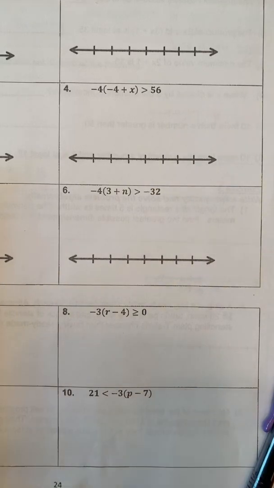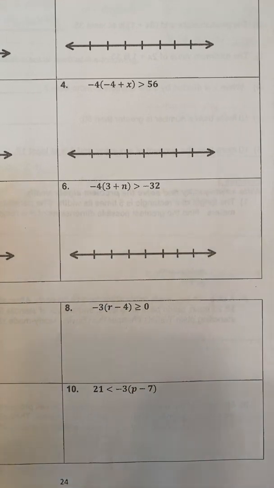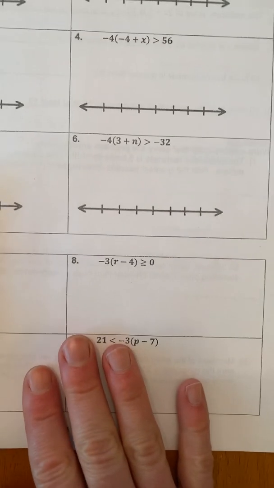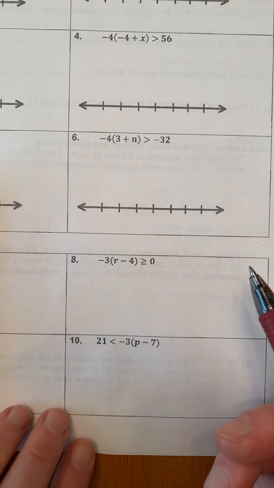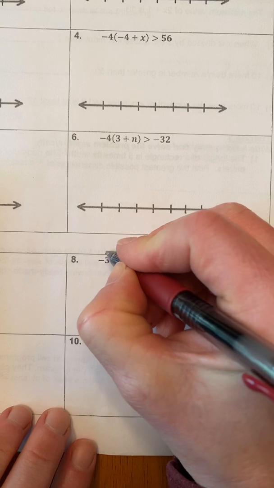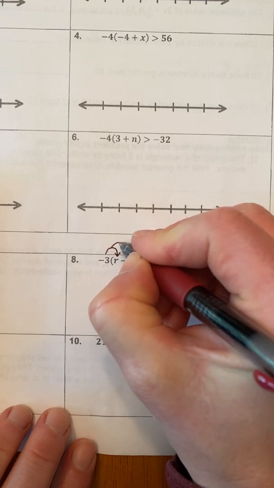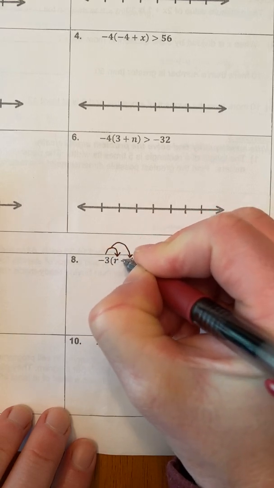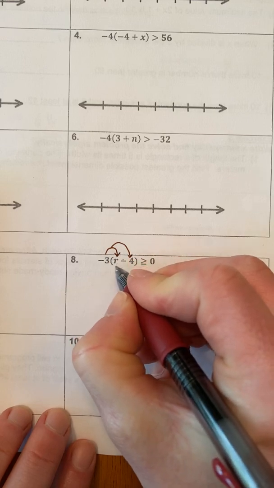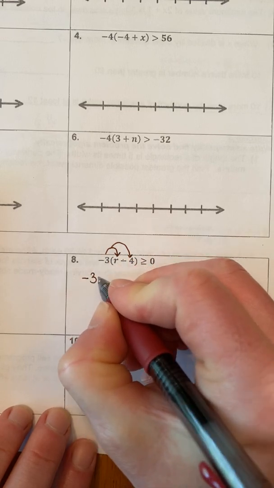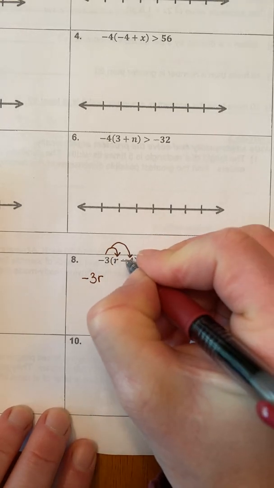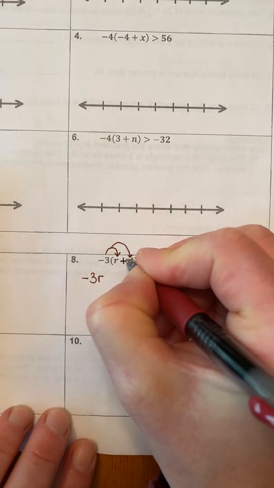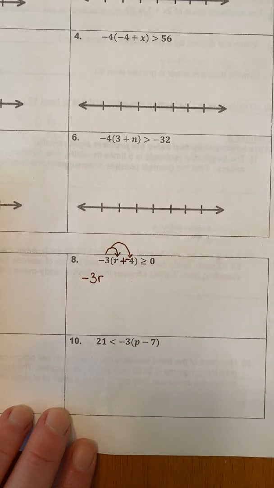Let's take a look at one where we actually do have to simplify both sides of the inequality. So we have negative 3 times parentheses r minus 4 is greater than or equal to 0. I go ahead and I am going to distribute that negative 3. So we have negative 3 times r. This means negative 3 times a negative 4 because r minus 4 is the same as r plus a negative 4.